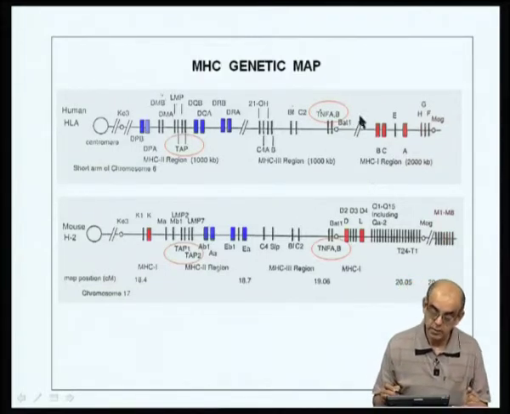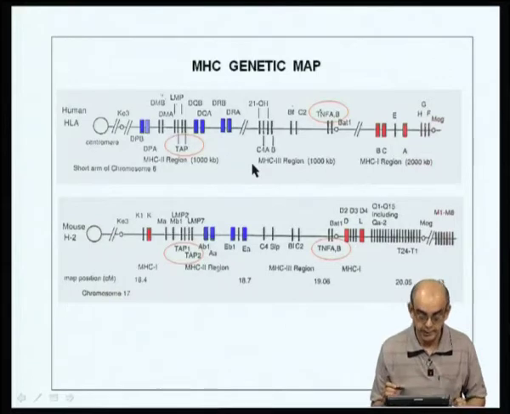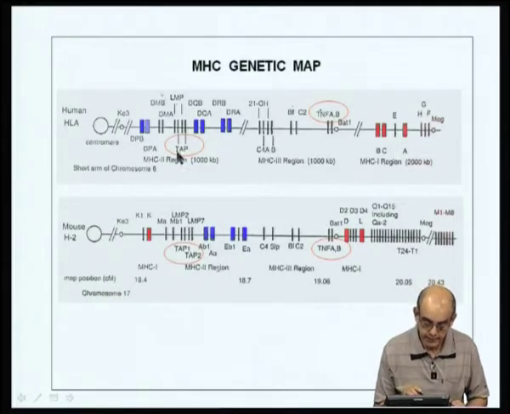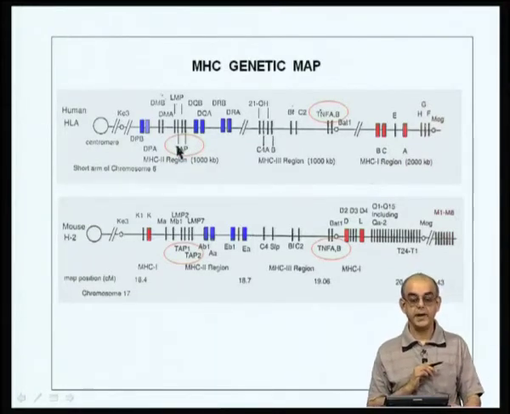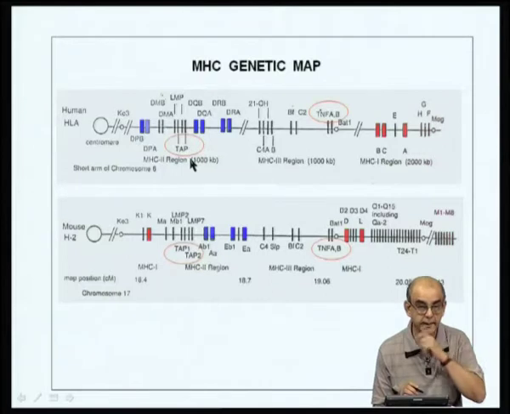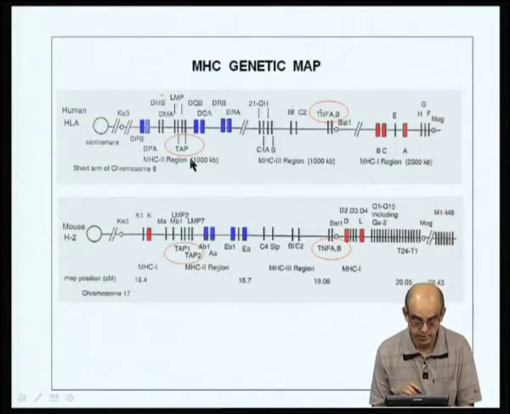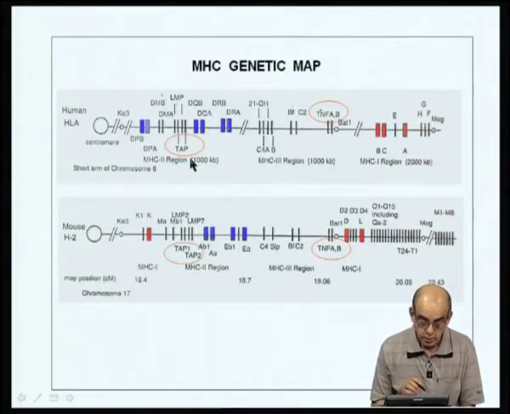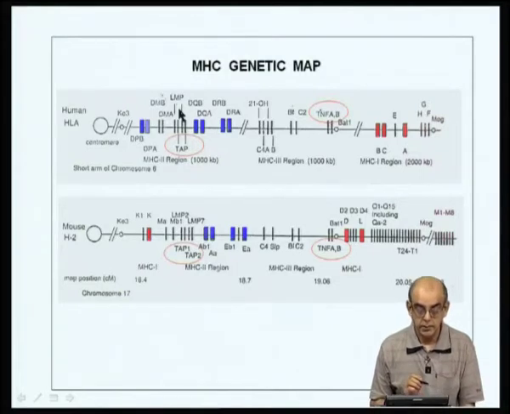So, these molecules would be coordinately regulated. Now, TAP, the transporter associated with peptide antigen, is also found in the same location, and is involved in antigen presentation and processing. LMP is another molecule that is involved in the processing.